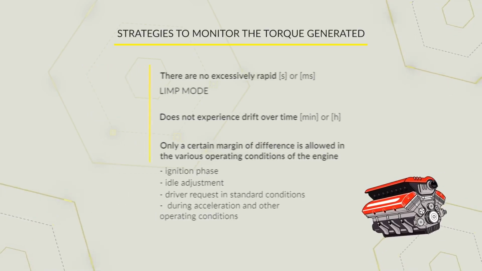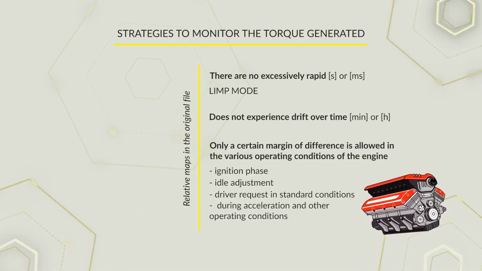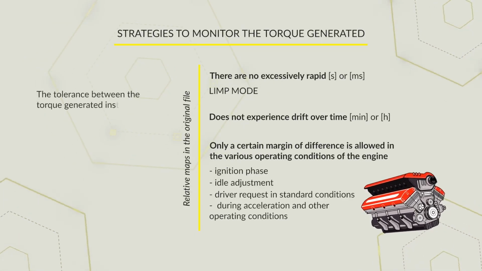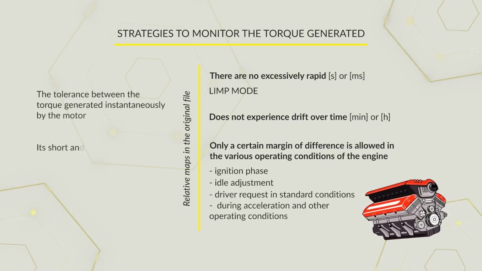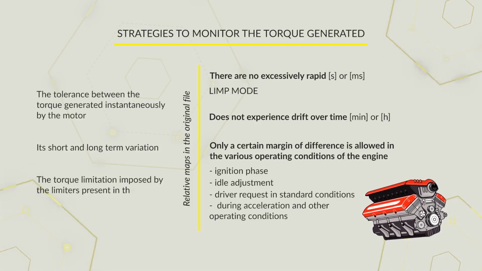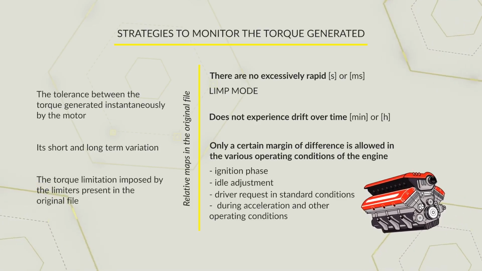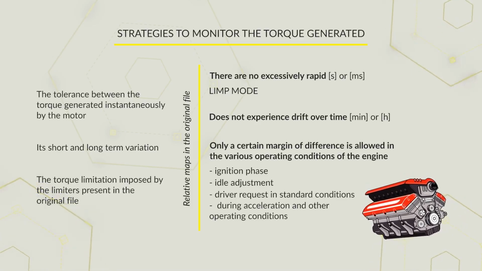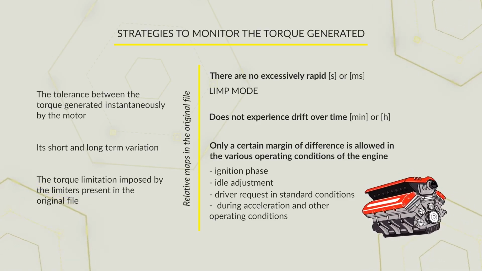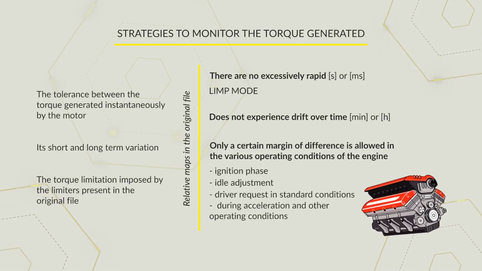All this is accomplished by referring to the relative maps in the original file. Therefore, the tolerance between the torque generated instantaneously by the motor, its short and long-term variation, and the torque limitation imposed by the limiters present in the original file form the three main calculation parameters on which the torque monitoring software functions, developed by the various control unit manufacturers, are based.